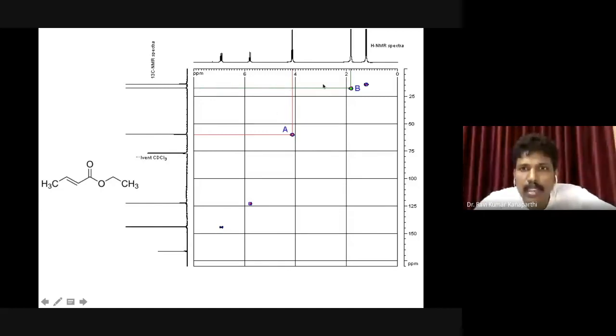Similarly here, these two peaks are connected, and similarly these two. Likewise you can extrapolate this discussion and easily make it out. Wherever you see a peak, you just try to connect it. Here also the same thing. There is a carbon, and this carbon is connected to this, and this is connected to this. So this is straightforward information that we are obtaining.